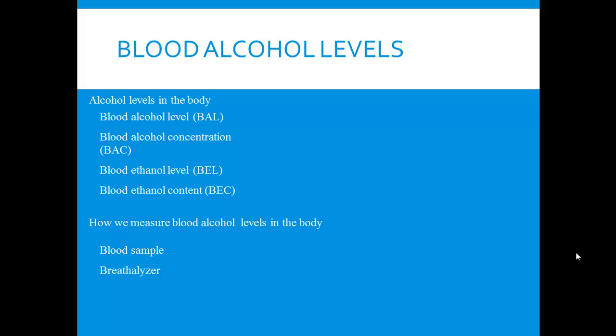You will still see the word alcohol appear, but you're more likely to see ethanol, probably because it's more specific about the chemical name rather than alcohols in general. Okay, and so how do we measure blood alcohol levels in the body? A blood sample, of course, since we've just talked a lot about blood alcohol levels, blood alcohol concentration, etc.